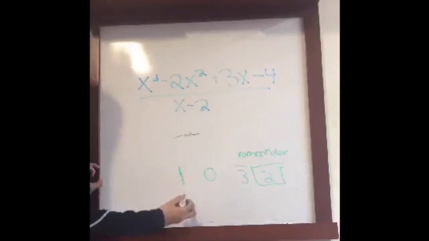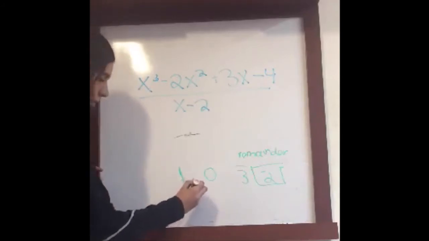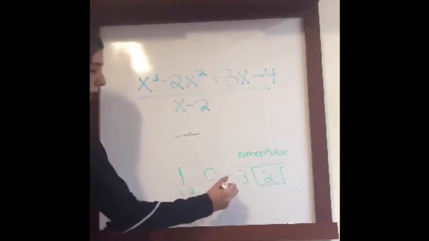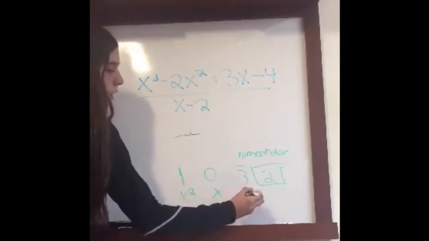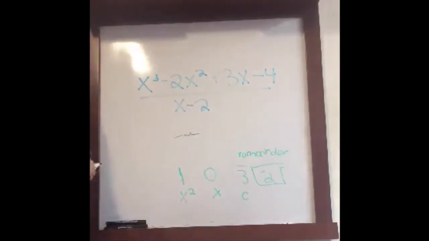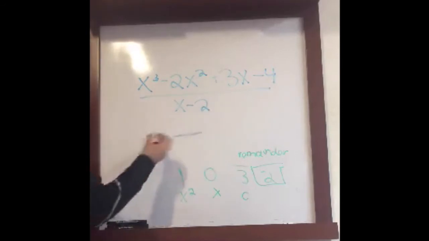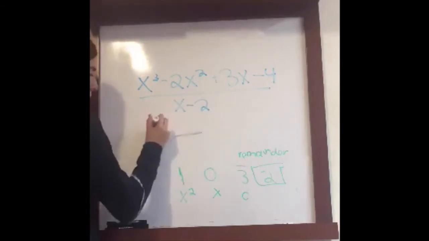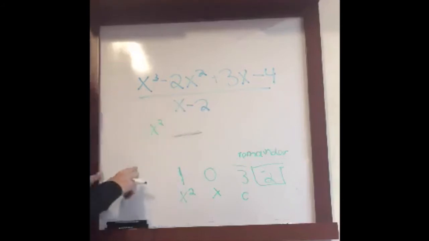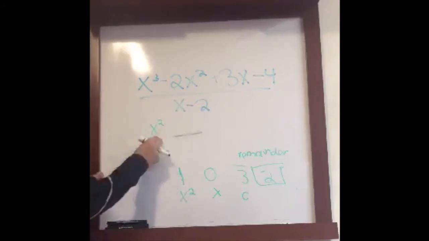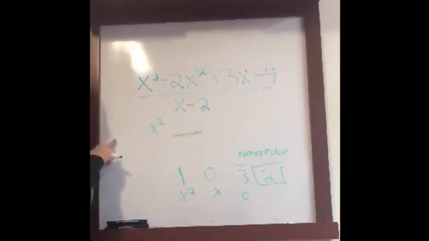This is going to be our x squared. This is going to be x. This is going to be our constant. So now we're going to take 1x squared, but we don't write the 1 because 1 always counts as x.